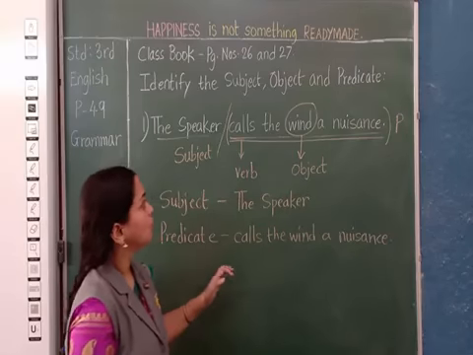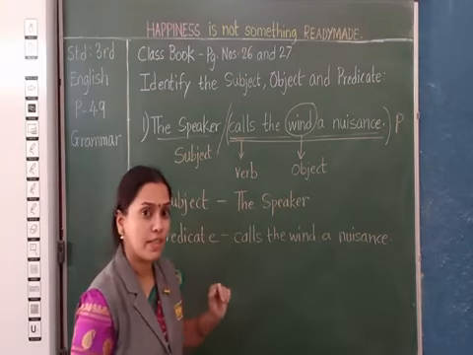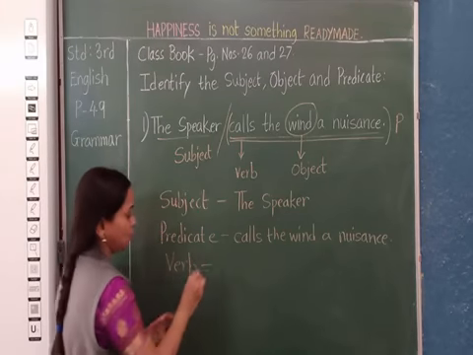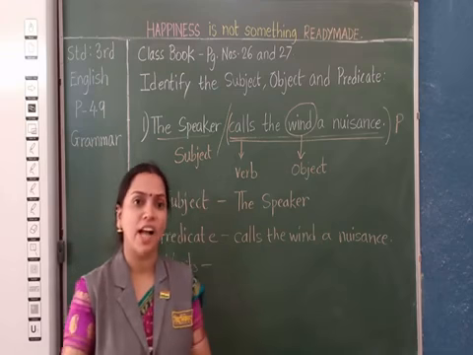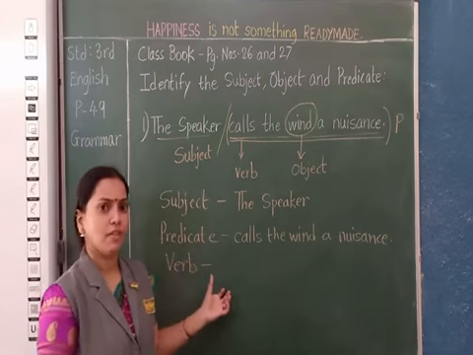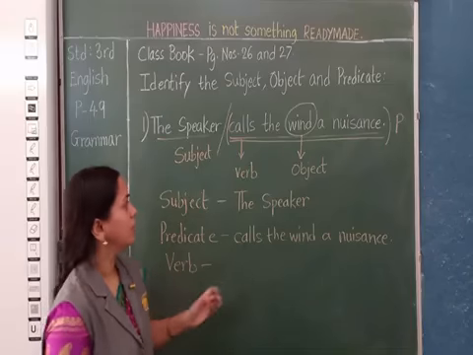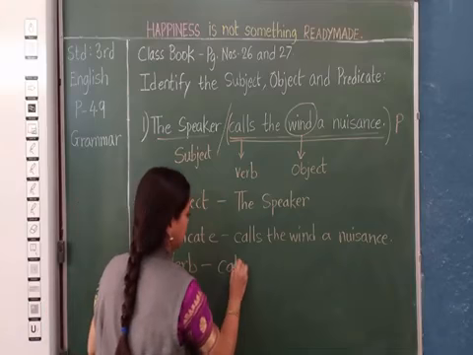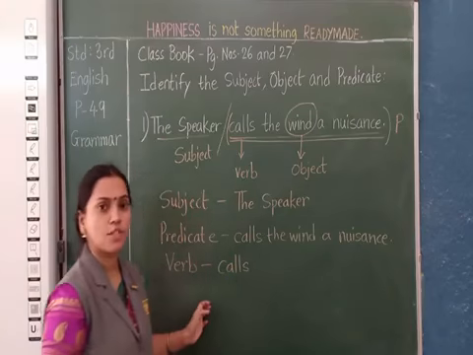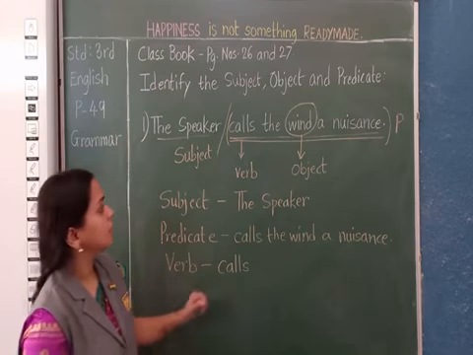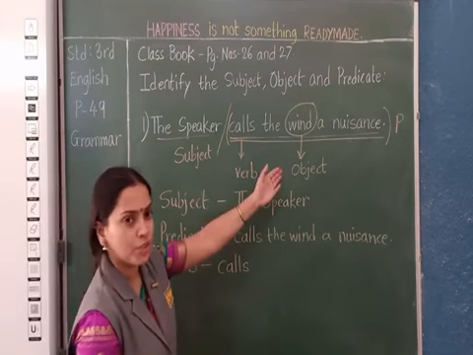What is the verb in this sentence? I know they have not specifically asked to find out the verb here, but we can always find it out and write it. What is the verb here? Calls. This is for our better understanding and practice. And what is the object here?